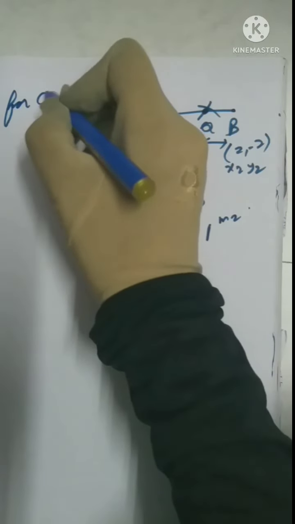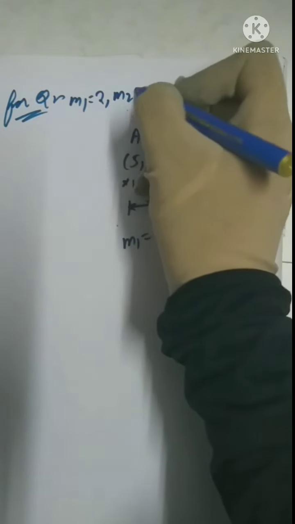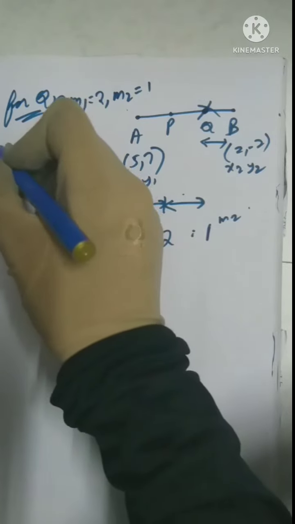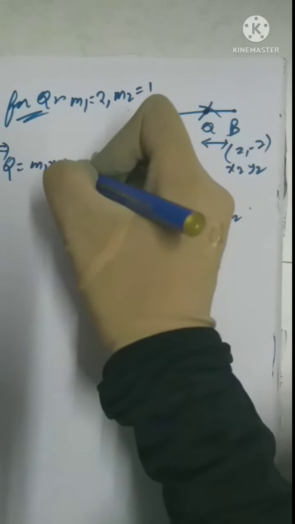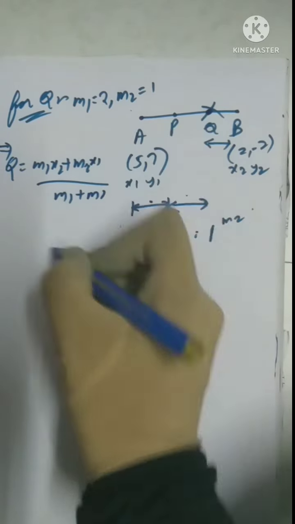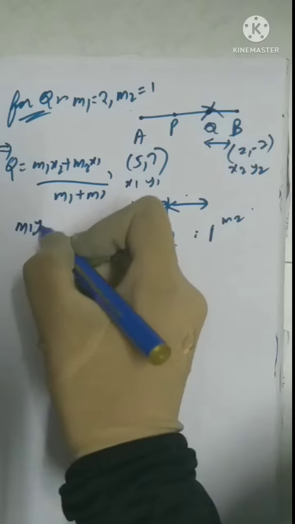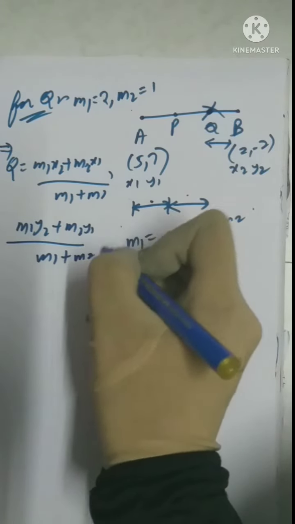So for Q, what is the ratio? m1 is 2 and m2 is 1. Again use the same formula. Which formula we have to use? (m1x2 plus m2x1) by (m1 plus m2), comma (m1y2 plus m2y1) by (m1 plus m2).